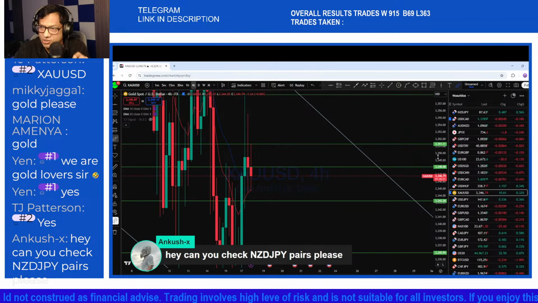Quite a few dojis here in that area. So from the lower time frame here, we can see the market slowly building that pressure back to the upside.